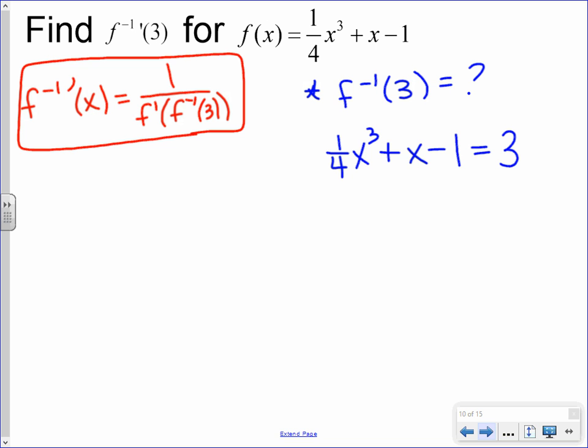Since this is a cubic function, this is not something that we can factor. So my advice to you is to play around with some numbers, maybe use your calculator if you need to, but we need to figure out what number do we plug in for x to that function to get 3.